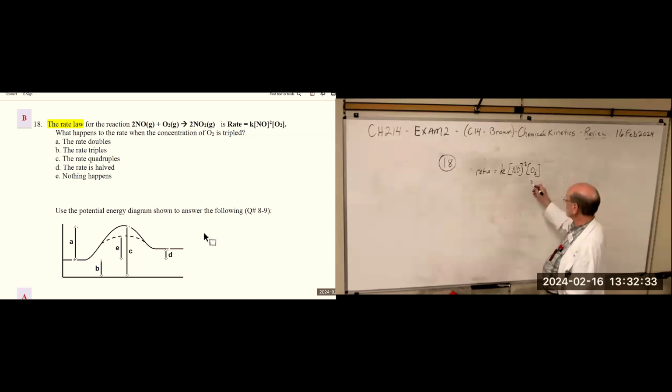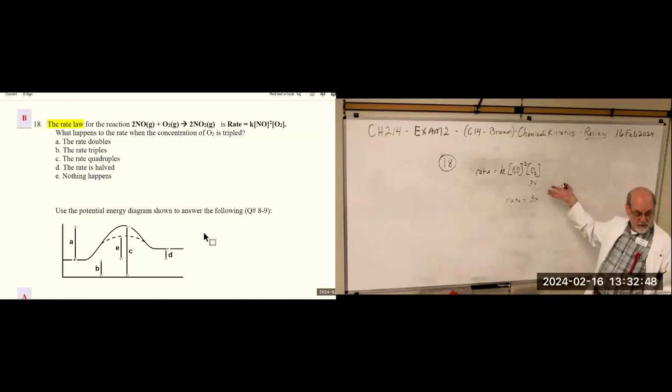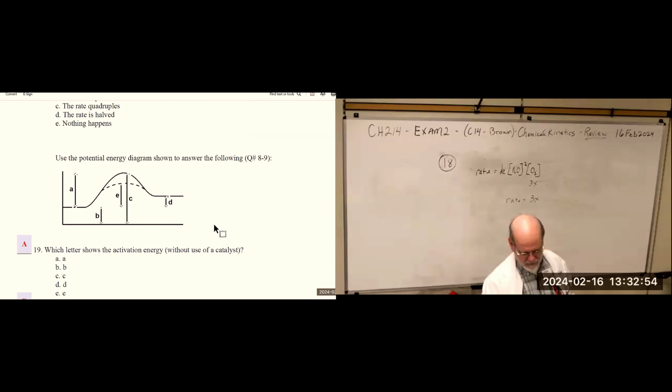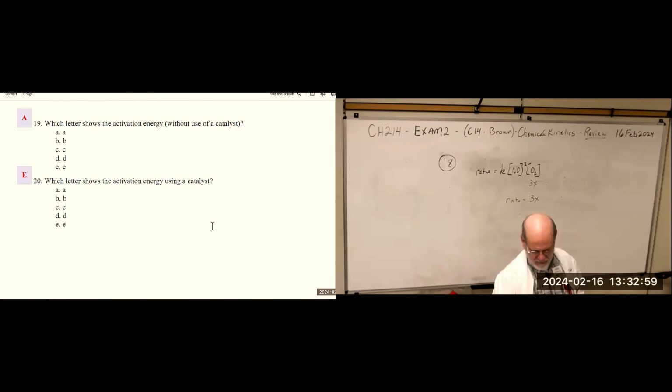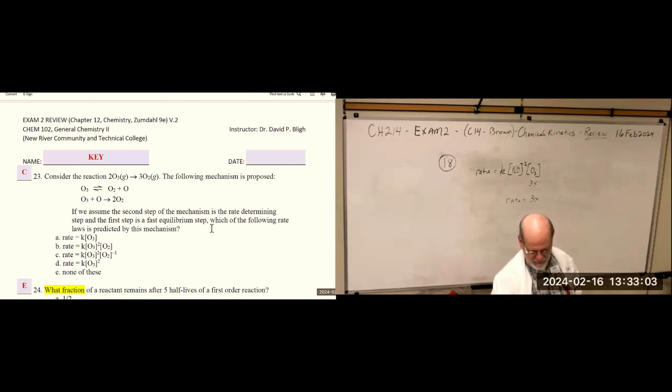If we go from a value to 3 times that value, what happens to the rate? Because it's to the first power, it only goes up 3 times. So the rate triples. Actually, this one's a duplicate, so we'll go down and hopefully find the other one.